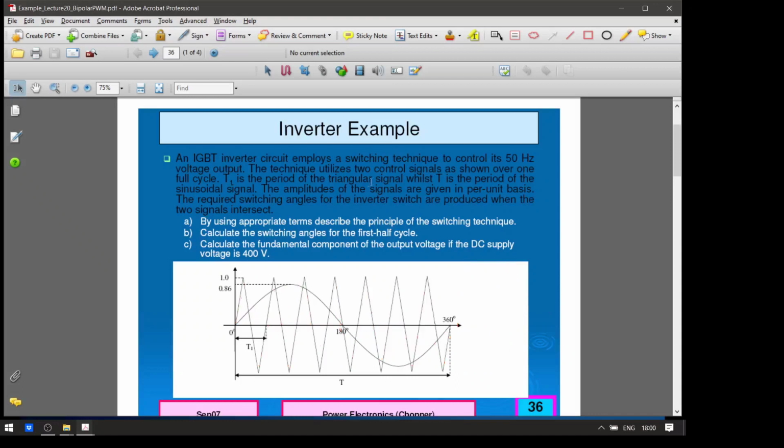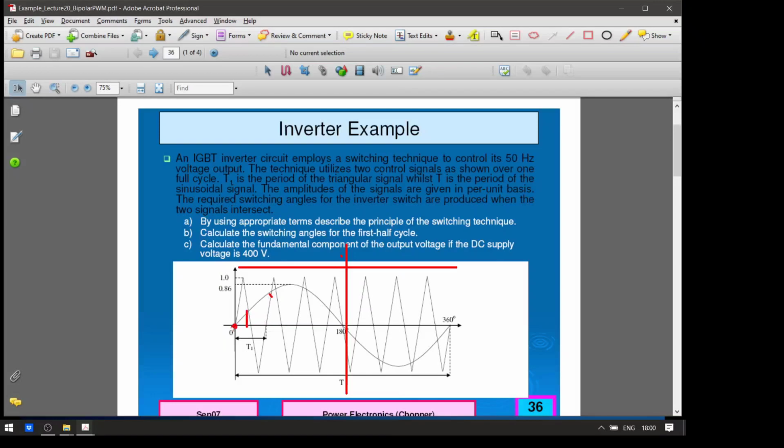Okay. Number 2, calculate the switching angles for the first half cycle. So this is one full cycle. The first half will be up to that point, 180 degrees. So we need to find all these intersections.